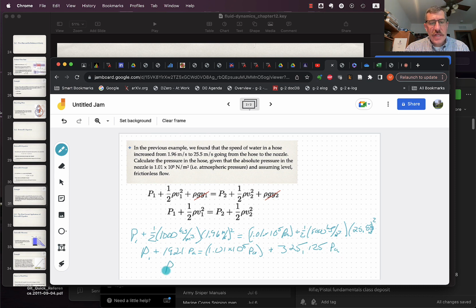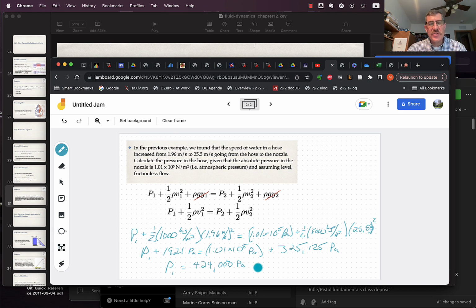Now solving for P1, the pressure in the hose. I take 325,125 plus 1.01 times 10 to the 5th, and then I need to subtract 1,921, and it looks like I get a pressure in the hose of about 424,000 pascals, or newtons per square meter.